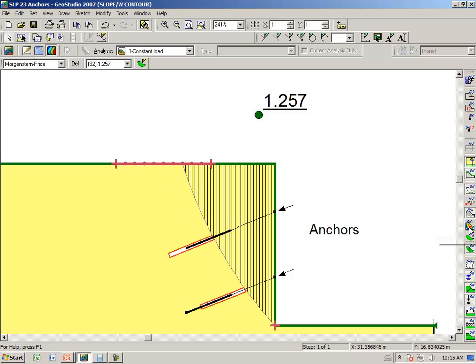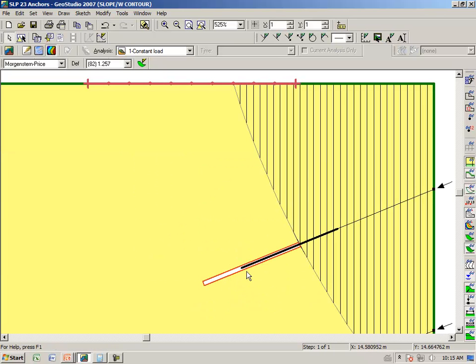I will turn off my safety map here to look at this in a little bit more detail. And what I want to draw your attention to here is that we have used 300. We had 100 kilonewtons per meter. In order to supply the 300, we need a bond length of 3 meters.